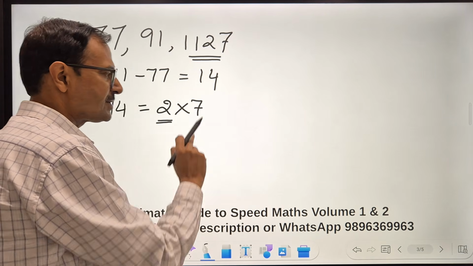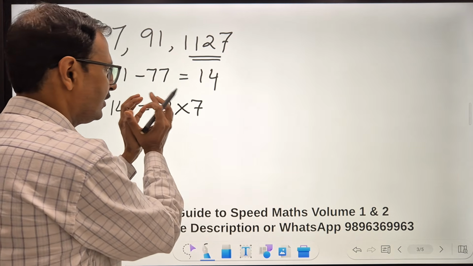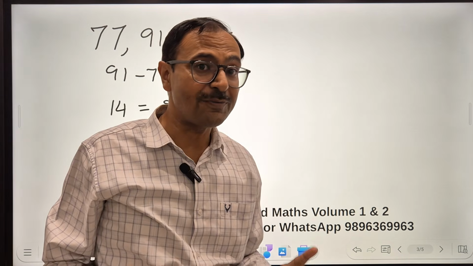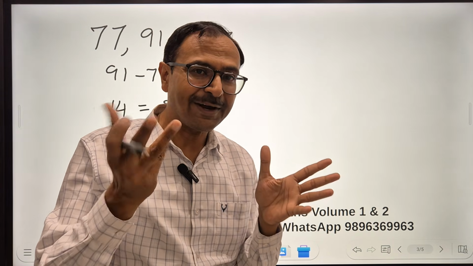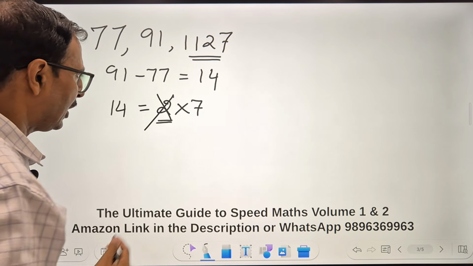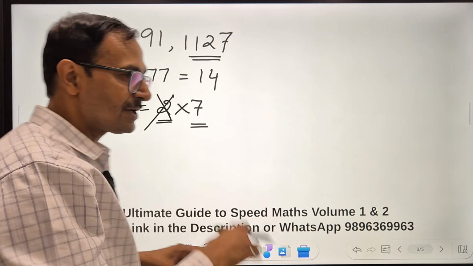Out of these factors, I have to eliminate that factor which does not divide all three numbers. It has to divide all three numbers. Common factor, right? So 2 is ruled out. Now I am left with only 7. If 7 will divide all three, then the answer will be 7.